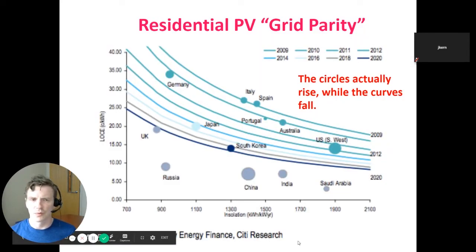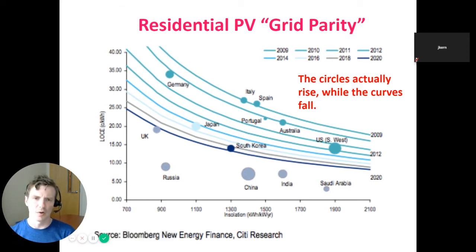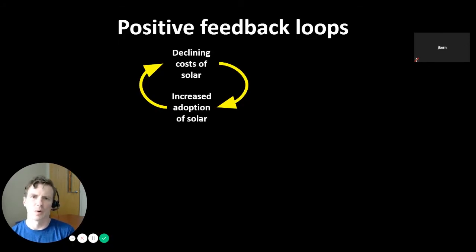So this is just referring to the fact that as these lines, the levelized cost of electricity for solar, decrease, and more people adopt solar, that might itself be part of what's driving the cost of electricity from utilities to go up, right? And so it starts to create this feedback loop where the declining cost of solar leads to increased adoption of solar.